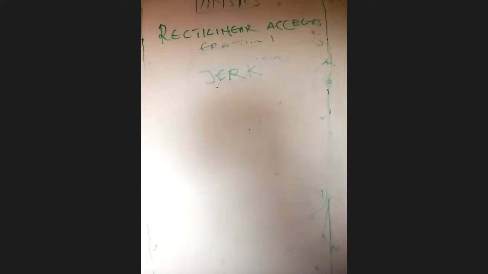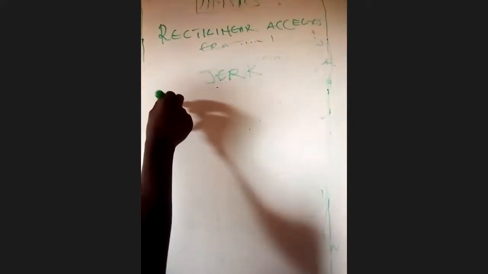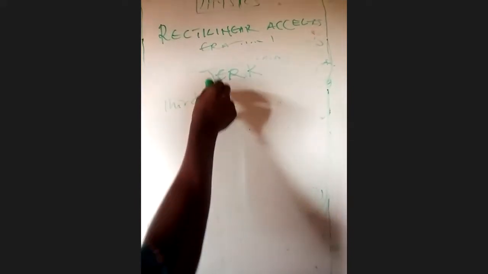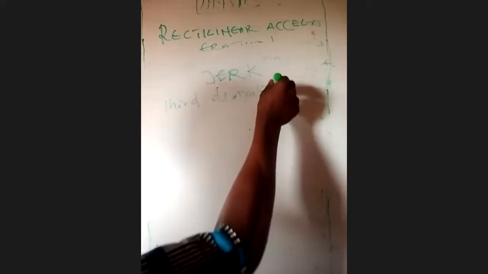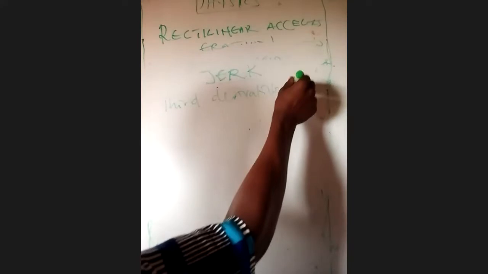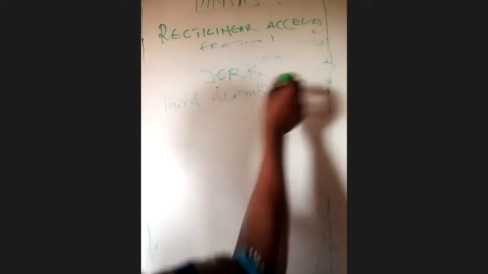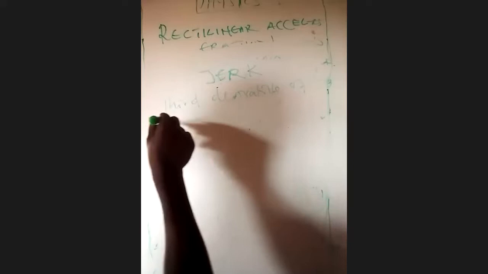The third derivative of displacement is known as jerk. Its unit is cubic meter per second, so this is the unit of jerk.